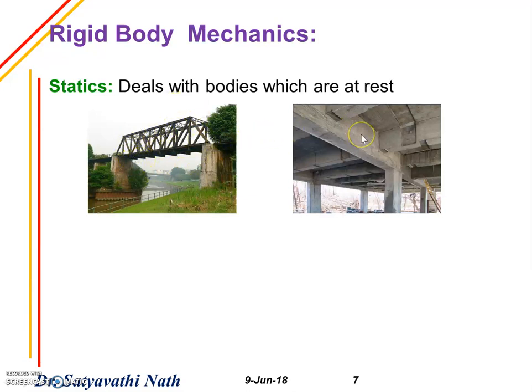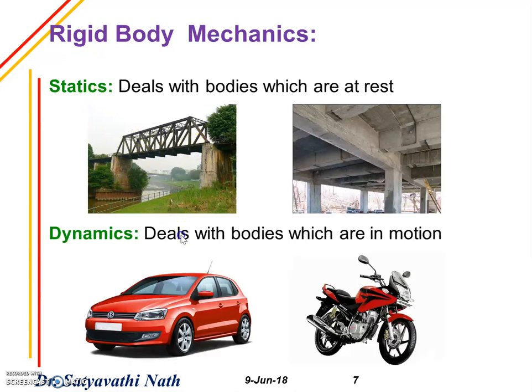In the similar way, when the weight of the upper stories of the building acts on this slab, still the slab is at rest. That is why we can call this science which is dealing with the behavior of these bodies which are at rest as statics. And now dynamics deals with the bodies which are in motion.